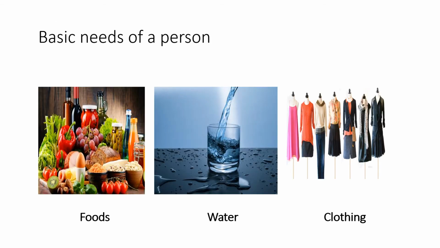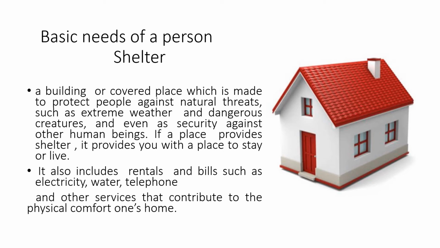Basic needs of a person: food, water, and clothing. Another basic need of a person is shelter, a building or covered place which is made to protect people against natural threats, such as extreme weather and dangerous creatures, and even as security against other human beings.